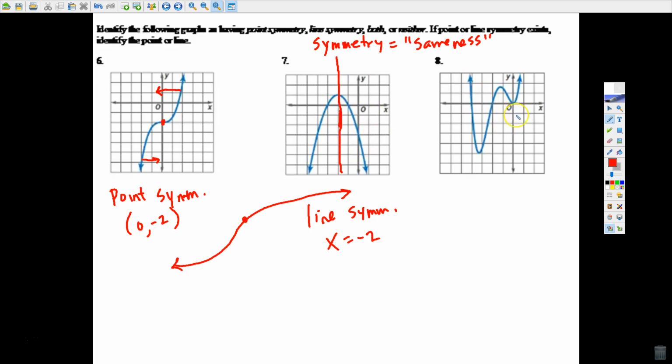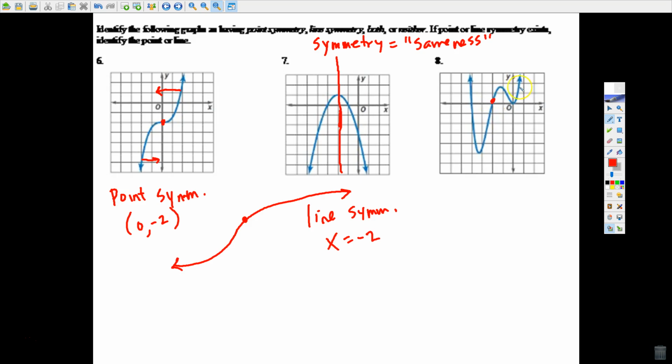All right, now over here, when I draw a line, you can test some places. That's not symmetrical. I don't really see any place where I could draw a vertical line and have sameness on either side of the line. So I know line symmetry doesn't exist. I don't see an inflection point where the graph is going in a certain direction and then it gets to a point and then changes direction. Usually right in the middle of a graph is where you can find a point of symmetry, if it exists.